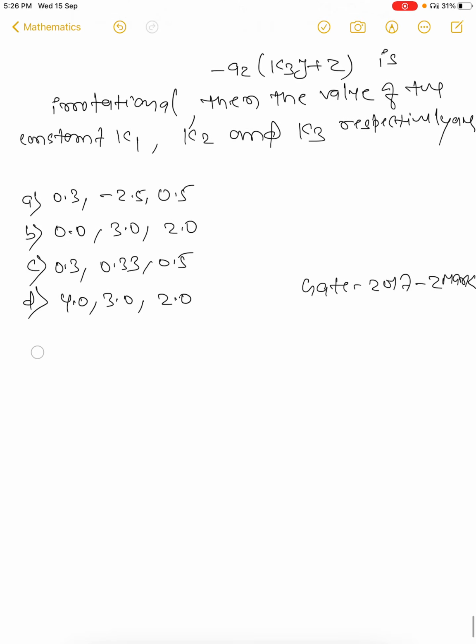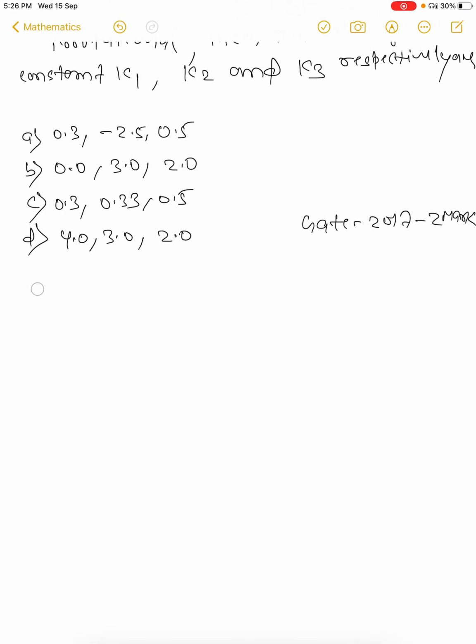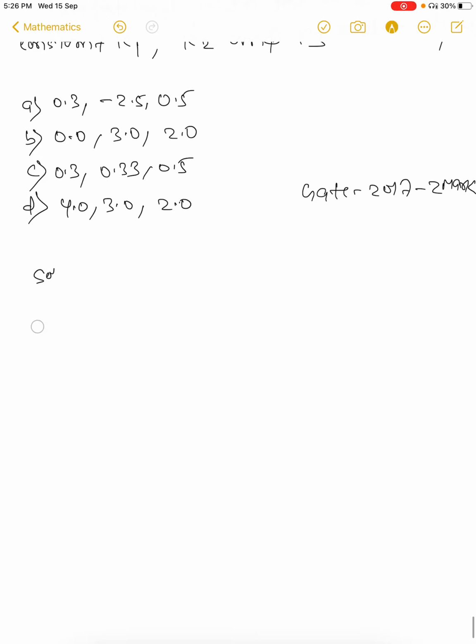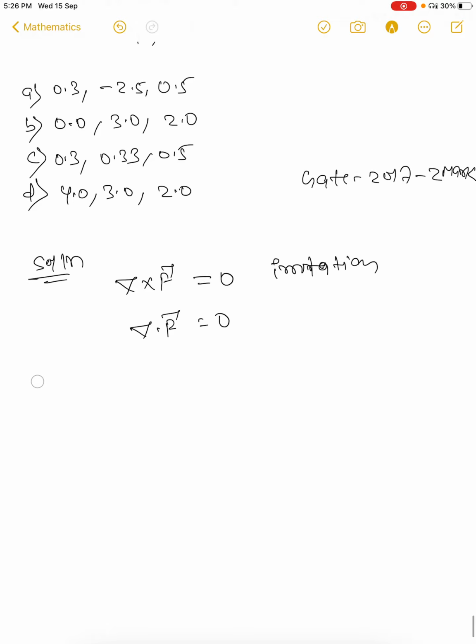This is 2 marks. So what is the condition for irrotational? Irrotational means that for the vector function given, del cross F should be 0. For solenoidal, del dot F should be 0.